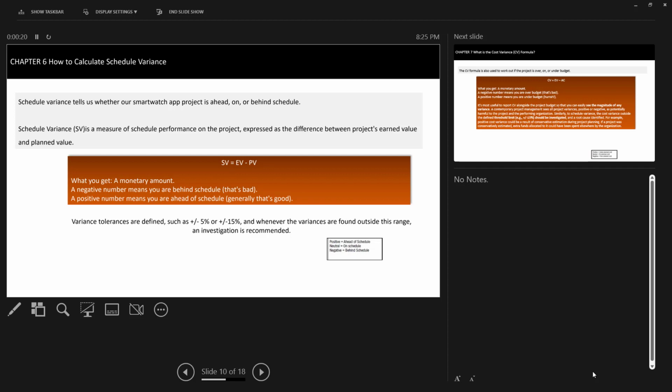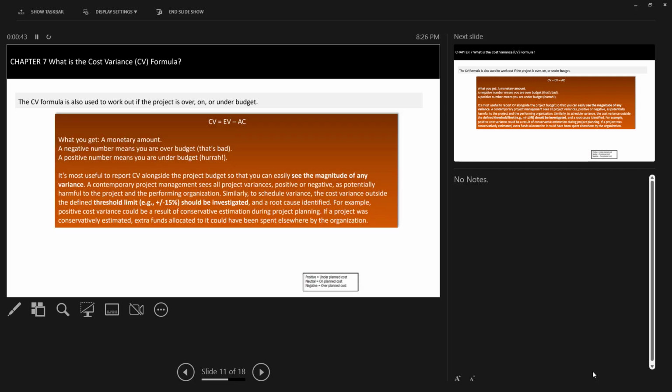SV is your earned value minus your planned value. Pretty straightforward. And there is a variance that you can consider, plus or minus 5% or plus or minus 15%. If it is way beyond this variance level, then investigation is recommended. It means something is off about your project.